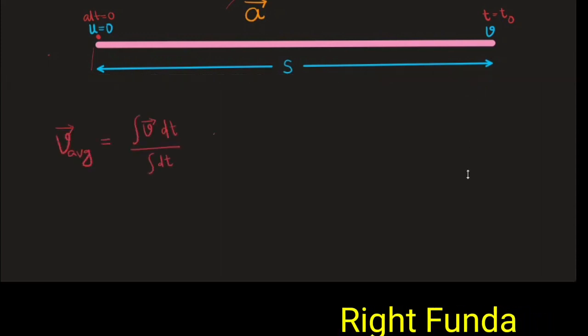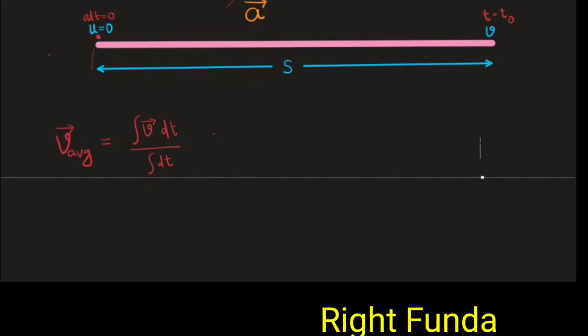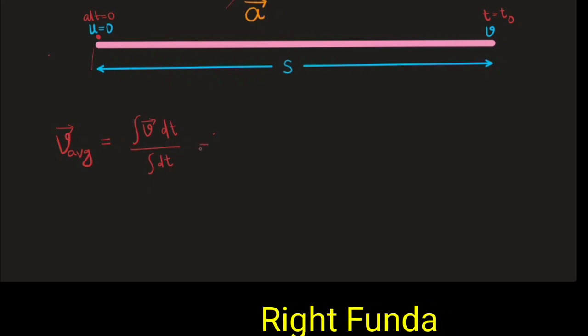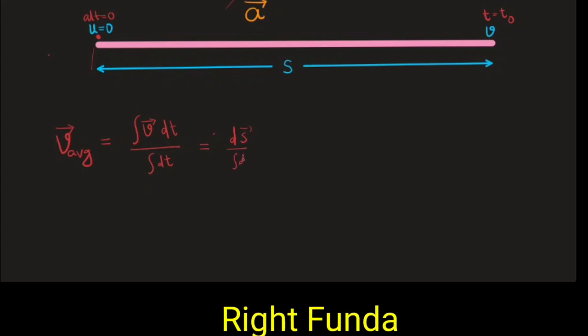We write average velocity is equal to integration of v dt by integration of dt. In fact, this quantity is nothing but the integration of ds by dt.